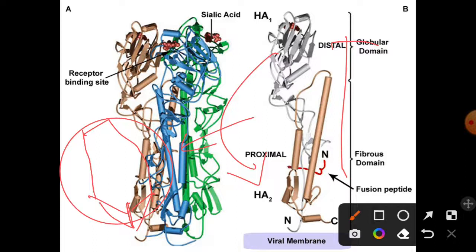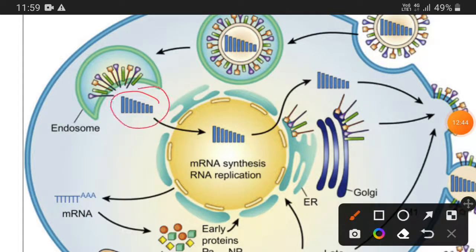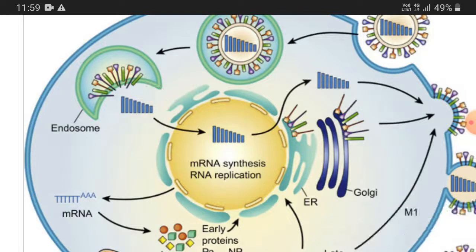A number of hemagglutinin molecules together try to fuse with the vesicle membrane, and as a result all the viral content that is present will be released into the cytoplasm. So that is the overall function of hemagglutinin.